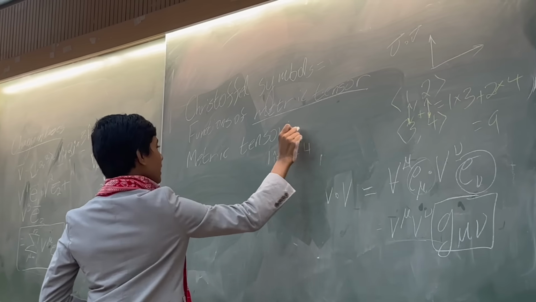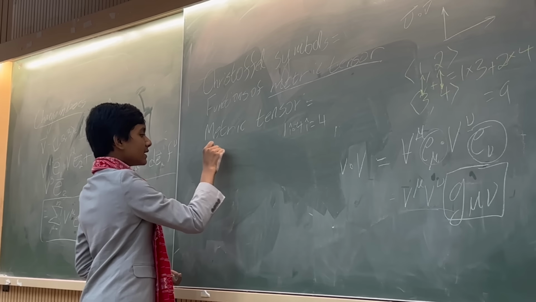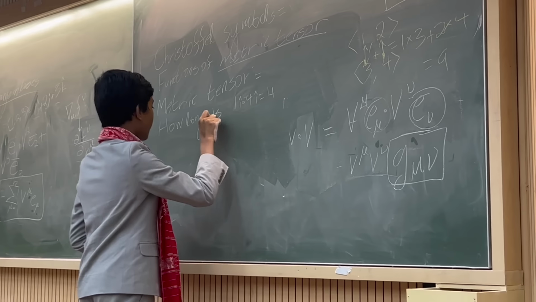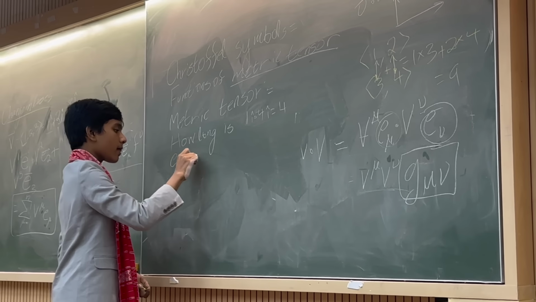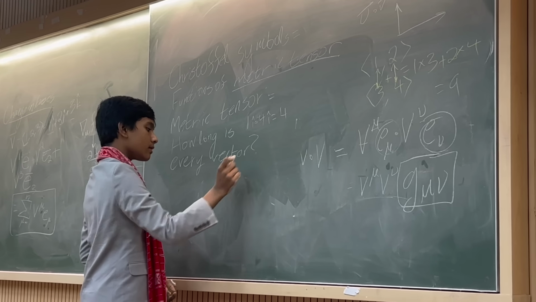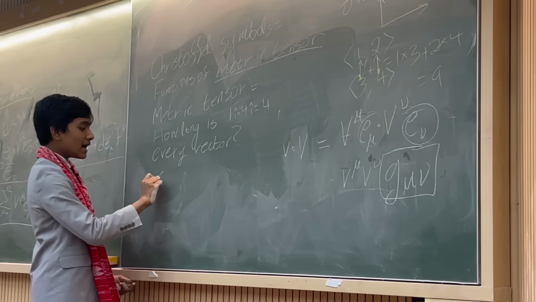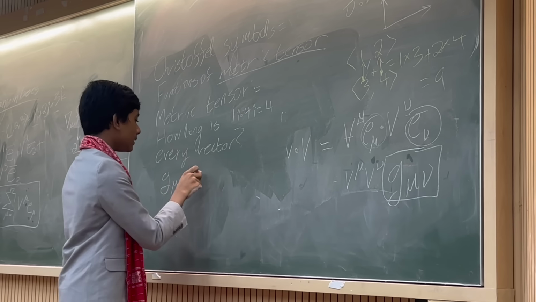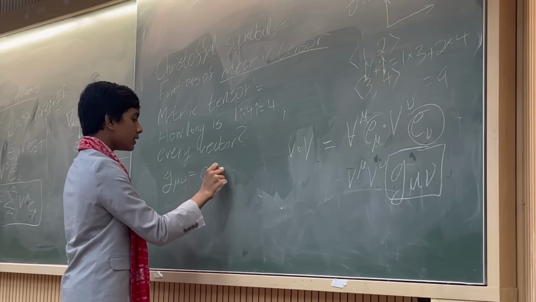So this is just telling us how long every vector is when compared. And it's defined as g mu nu equals e mu dot e nu.